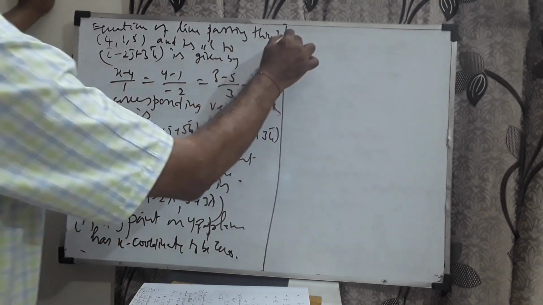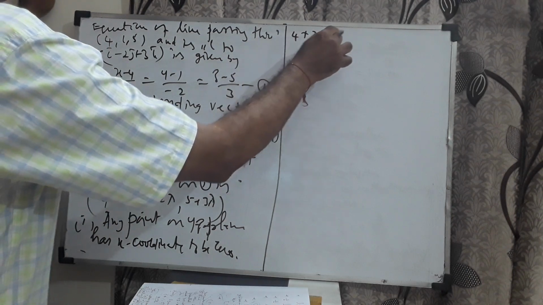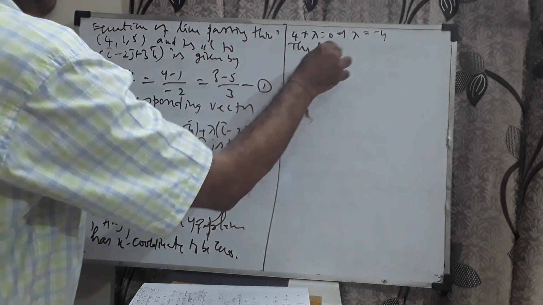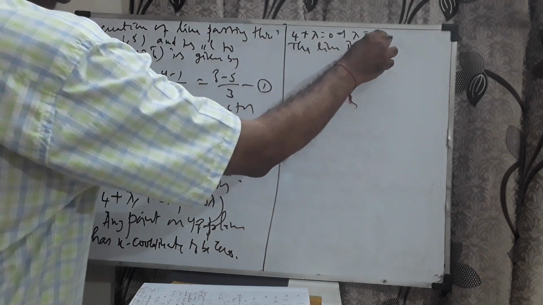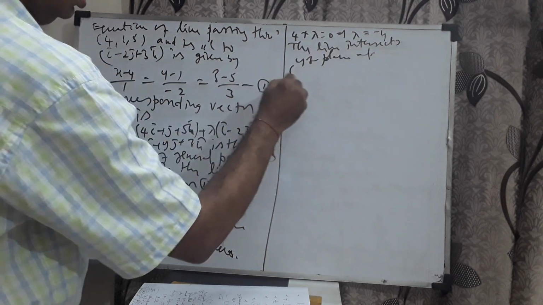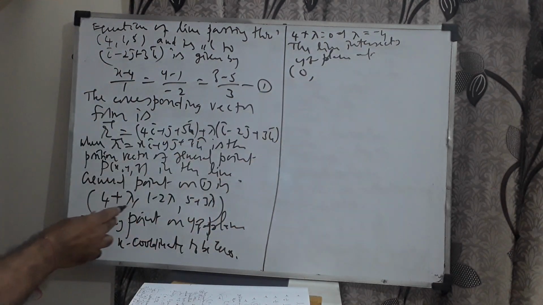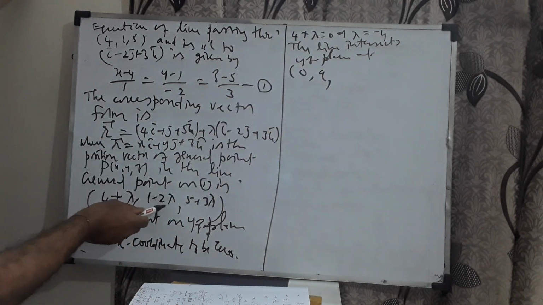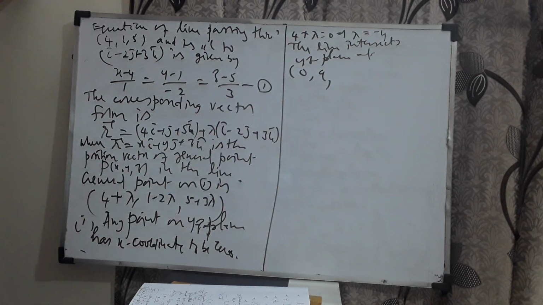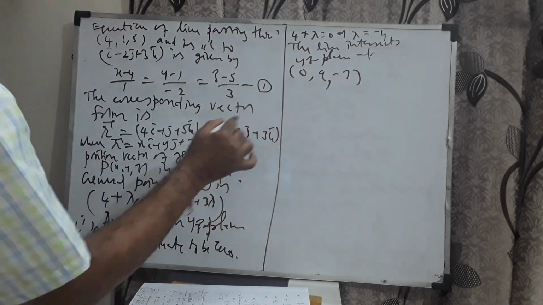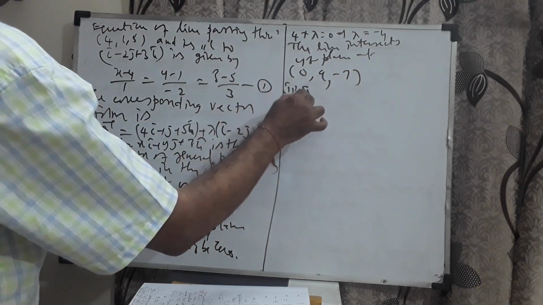Therefore here 4 plus lambda is equal to 0, which implies lambda is equal to minus 4. The line intersects the YZ plane at 0 comma, 1 plus 8 is 9, then 5 minus 12 is minus 7. Now subdivision 2.